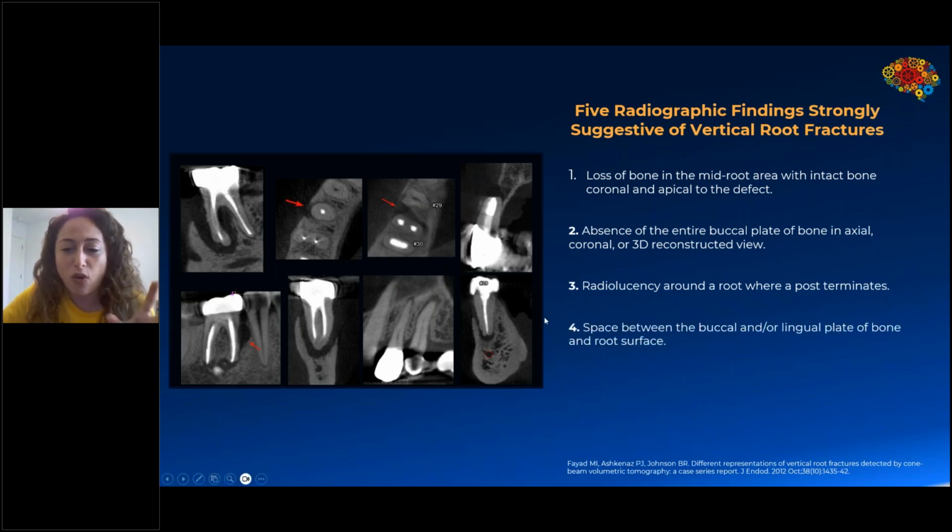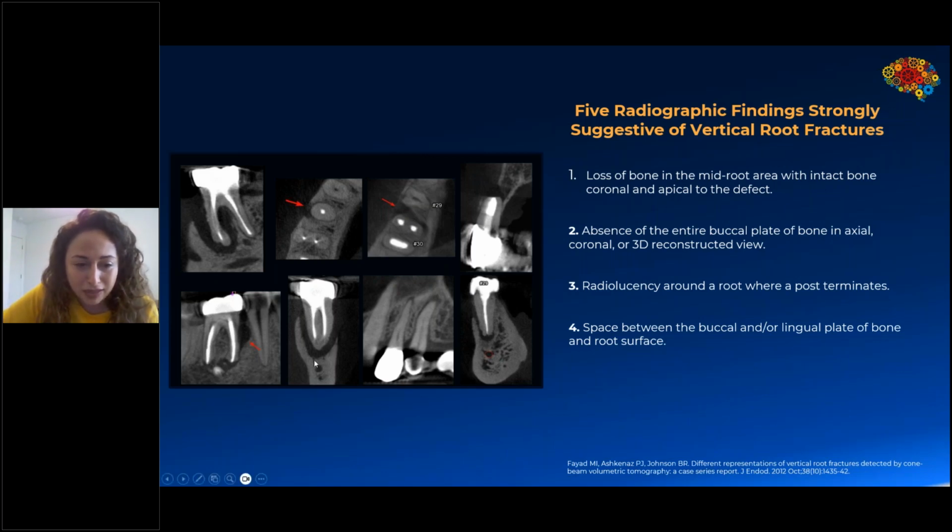4, whenever you have a wide space between the cortex and the surface of the root. So imagine looking at this tooth over here. So we can see that we have PDL space widening, but it's generalized PDL space widening, and it's not minimal.